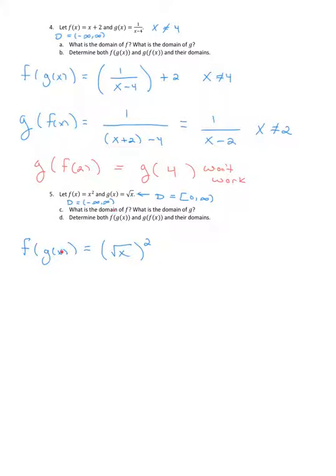The reason is numbers first go into g and then they go into f. So here the domain is all positive numbers and 0. But here's where you'd have to be a little bit careful. I mean, technically, if you square the square root, that's just equal to x. And this formula looks like the domain is all real numbers, but in fact it is not. It's only these values here.